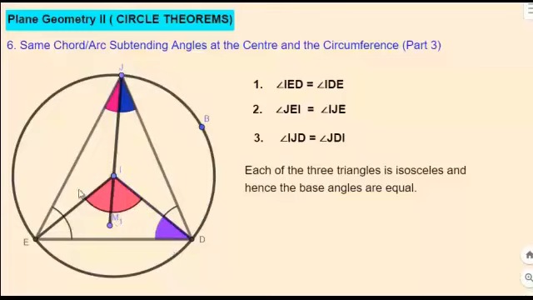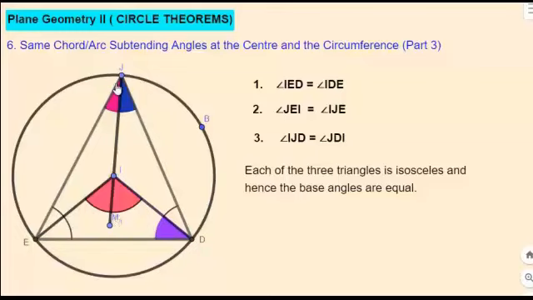Let us understand that if the whole of the angle at the circumference, for instance, angle EJD, is half of angle EID, which otherwise means that angle EJD multiplied by 2 gives us the angle at the center.